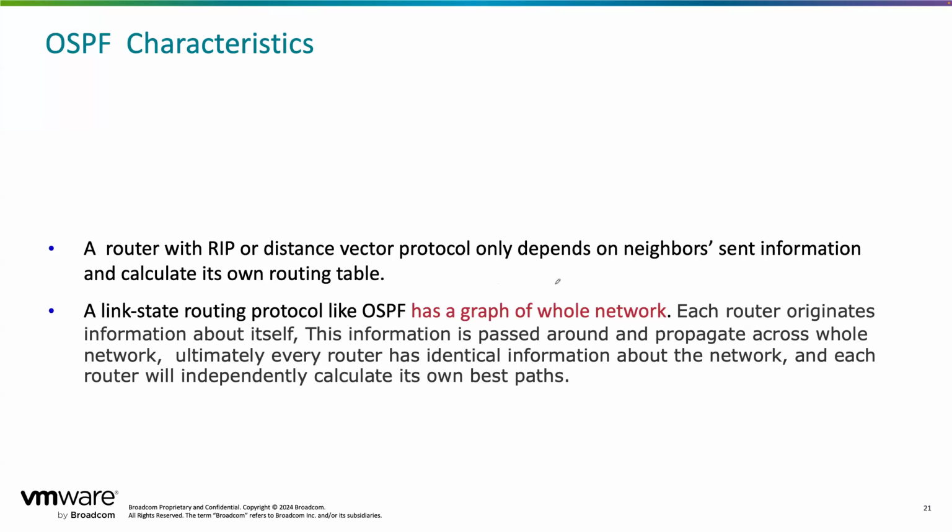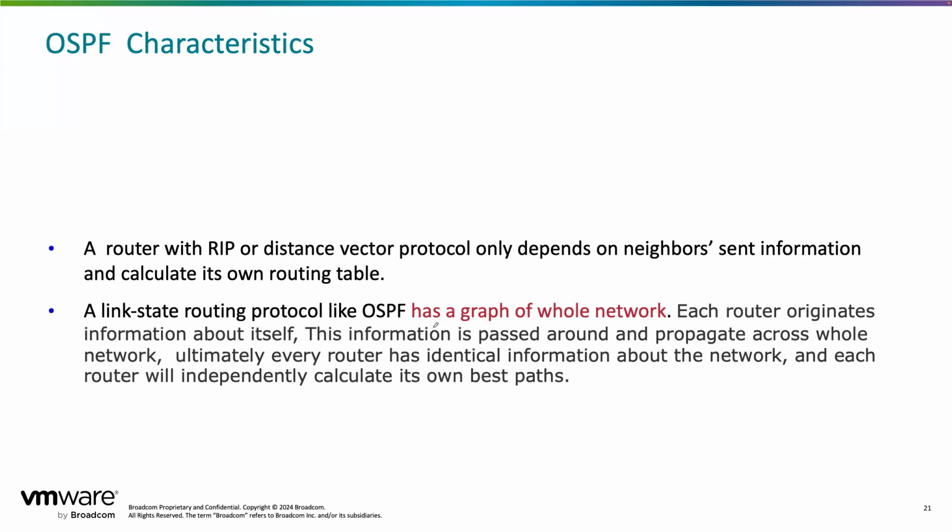So RIP, or a distance vector protocol, does not have the whole picture, the whole graph of the entire network. It's just routing by rumor, kind of like looking at the sign on the road and just going with the sign's direction.